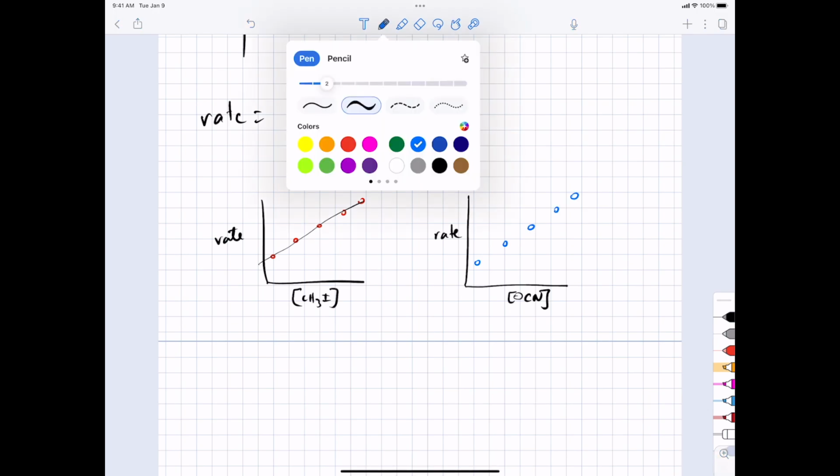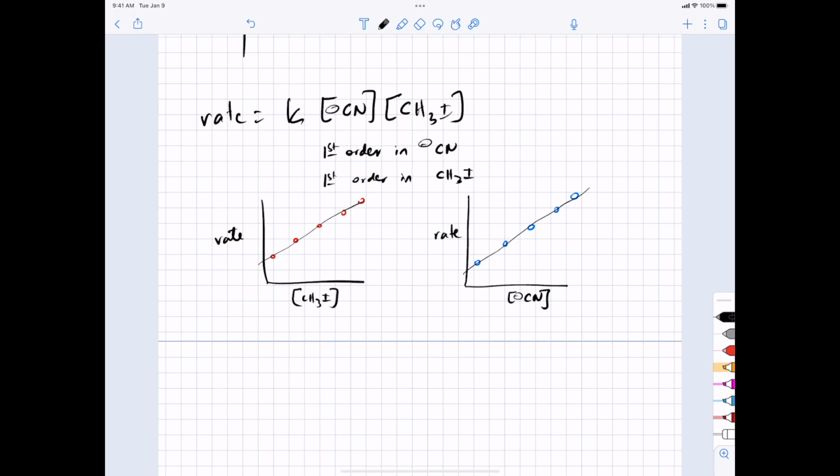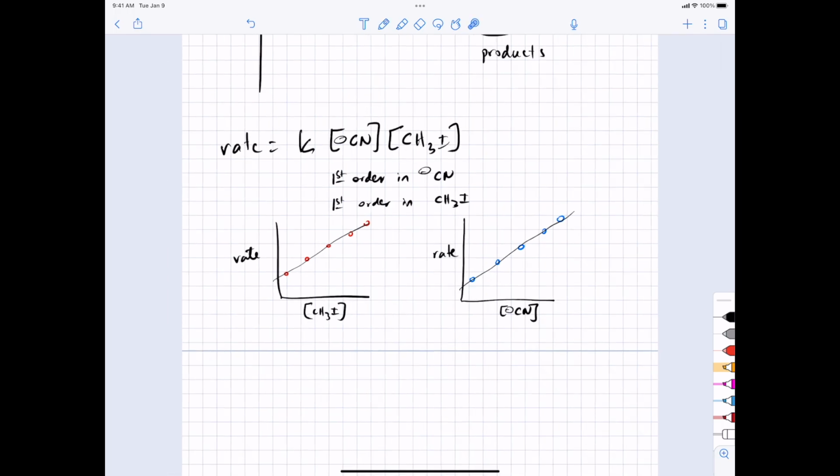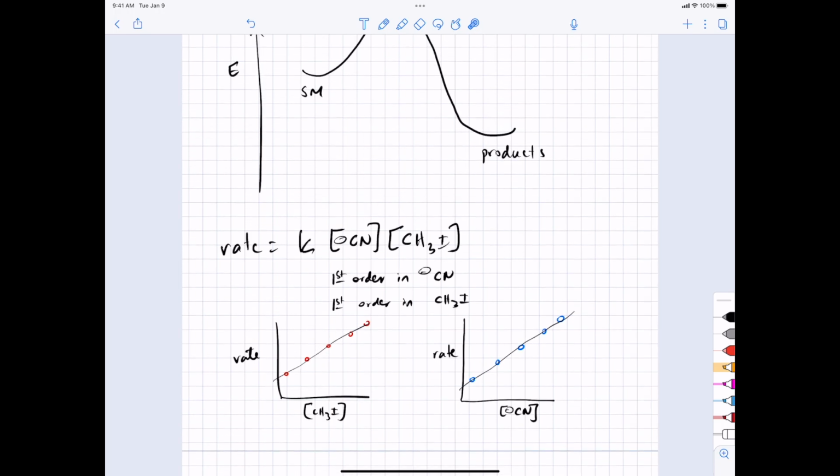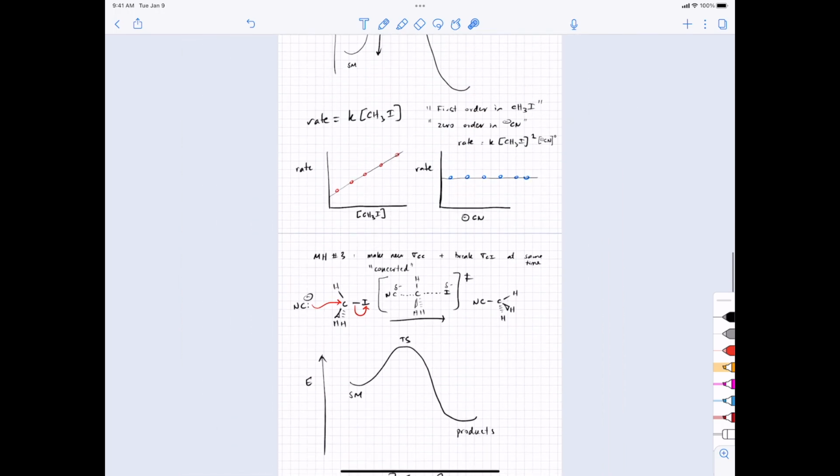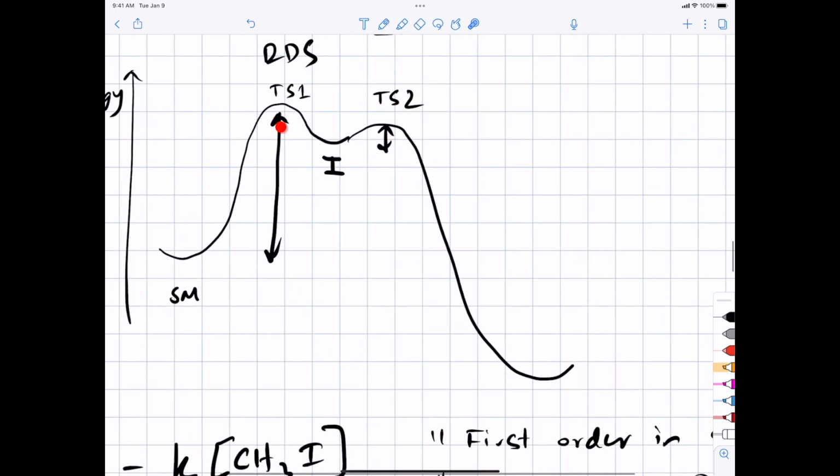And if you do these two experiments, you can get an idea not only of what the dependence of rate on these concentrations is, but you can actually calculate what the rate constant is. And the rate constant is actually related to this energy difference here through stuff you don't want to know. But basically, the rate is faster, the rate constant is higher, if this energy difference is lower. Okay.